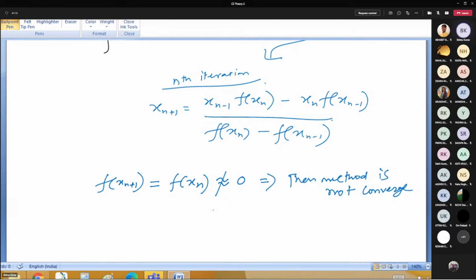And if it is approximately 0, then it converges. Converge means you will get the solution, and that time you may write this one or this one as the approximate solution.